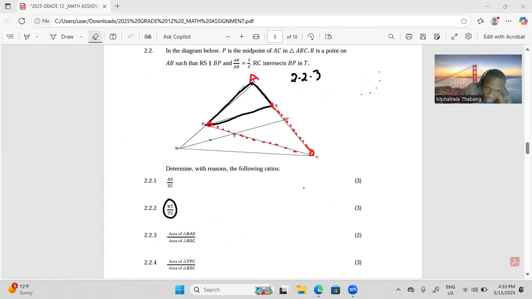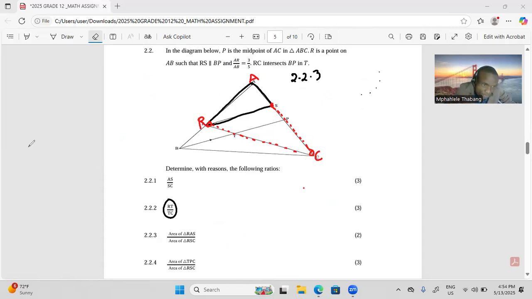I have A here, I have R here, I have C here. What I will tell you now is that these two triangles, ARS and RSC, are found inside the triangle ARC. The two triangles make the whole.